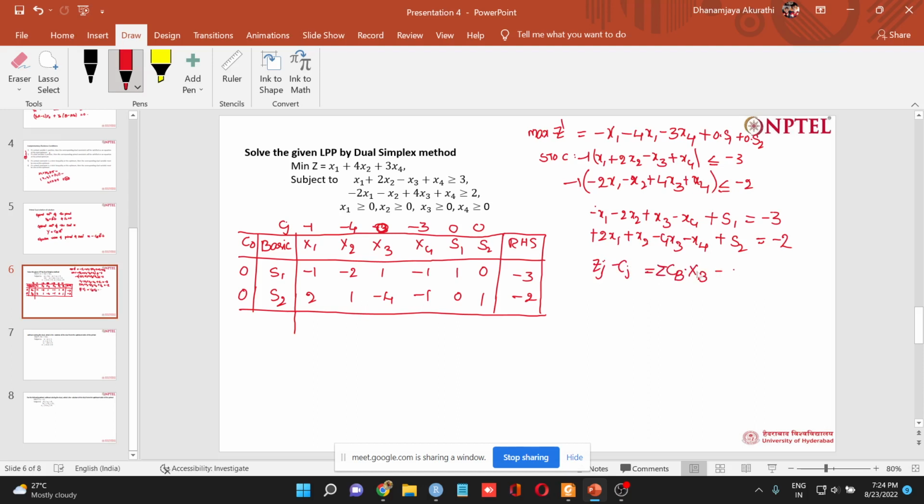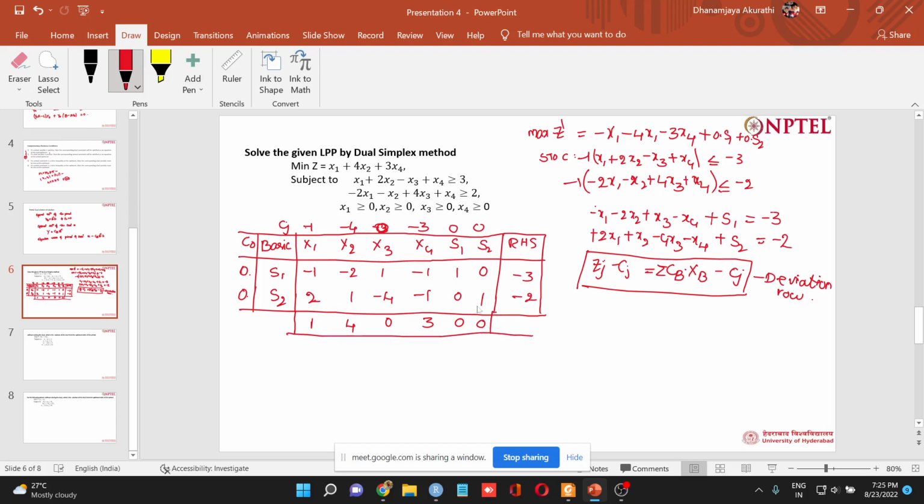Cb into Xb means 0 into -1, 0 into 2, and so on. 0 minus Cj, minus into -1, so here we have +1. I have considered these as the deviation row. So here 1, 4, 0, 3, 0, 0 would be the entries for the deviation row.